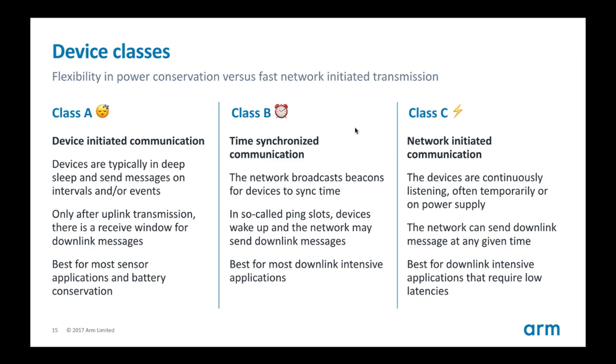Of course, this requires quite some power on the end device, and so we typically see that end devices have a power supply, or that this mode is used temporarily, for example, for firmware updates. All LoRaWAN end devices are Class A, but they can switch to Class B and Class C and back to Class A, depending on the application.